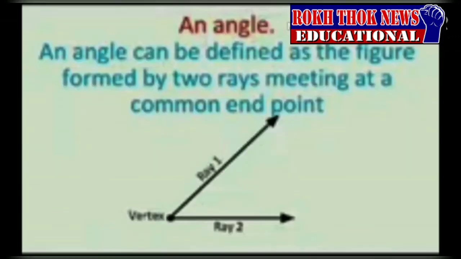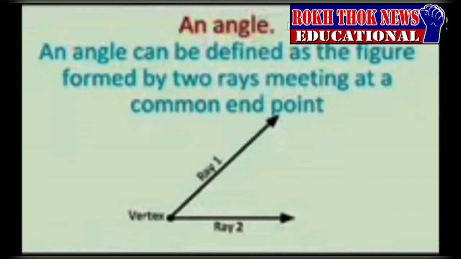Now in this picture you can see two rays, ray 1 and ray 2. These two rays are meeting at a common end point. Can you see the end point? Yes, this end point is called the vertex. So an angle can be defined as the figure formed by two rays meeting at a common end point.